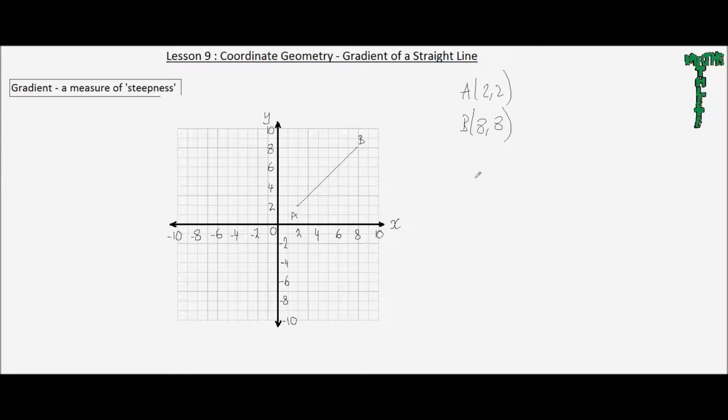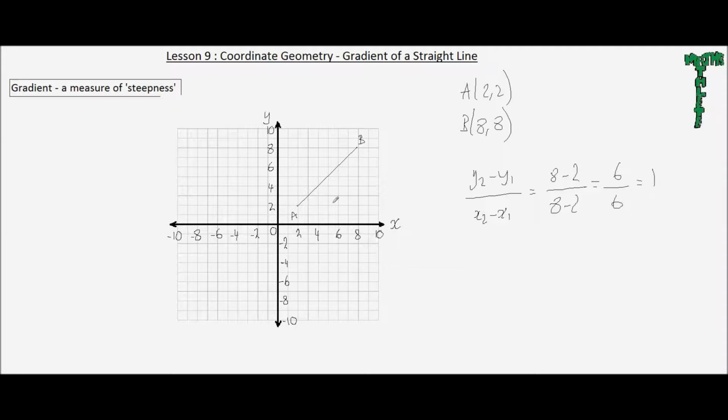So, working it out, we'll use the equation y2 minus y1 over x2 minus x1, which is going to be very simple maths, 8 minus 2, because this is x2, y2 and y1, and 8 minus 2 again. Sorry for the simple equation. So it'll be 6 over 6, and so the gradient is 1.